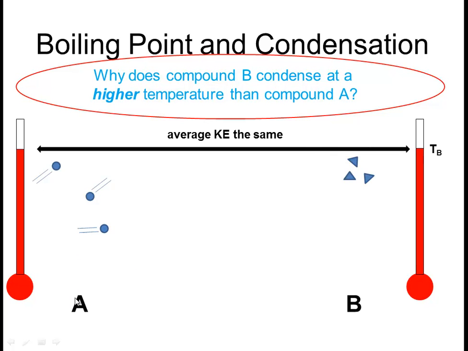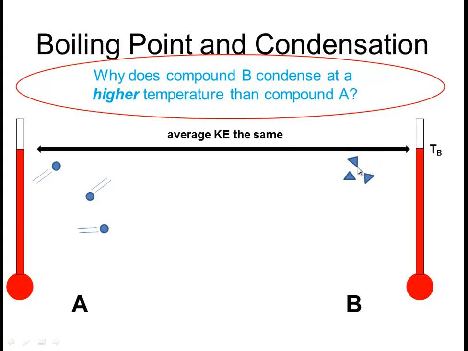We could frame the question just a little bit differently. Going from this slide to this slide, what I've done is I simply took my sample of particles in A and warmed them back up to the same temperature we were at with sample B. So the average kinetic energy of these two collections of particles is now the same, okay? But despite the fact that they both have the same amount of kinetic energy, which they have to have because the temperatures are the same, compound B wants to hang together.